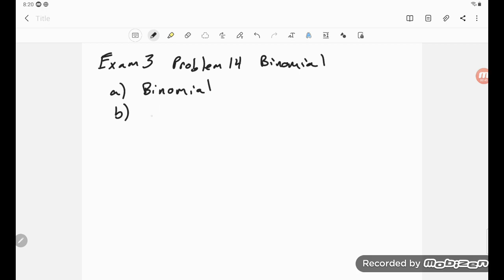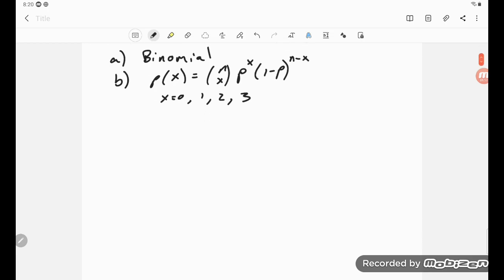remember our PDF, P of some given X is N choose X, P to the X, 1 minus P to the N minus X. Like that, and so we had x equals 0, 1, 2, and 3, and different numbers for each of those.